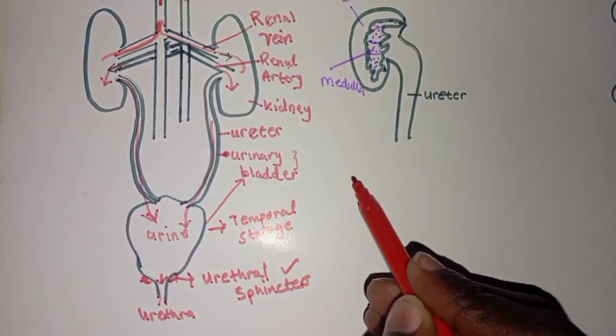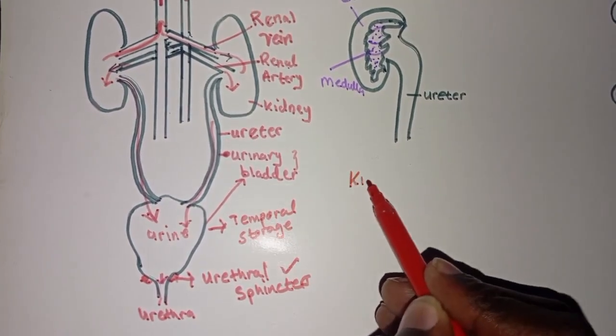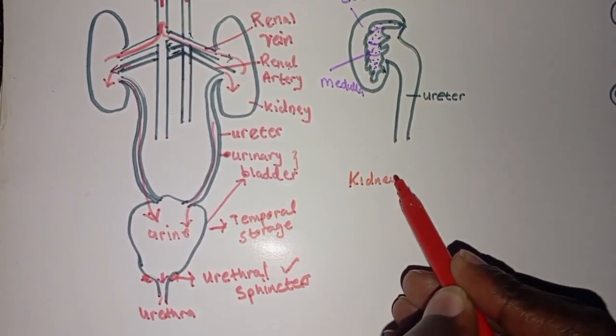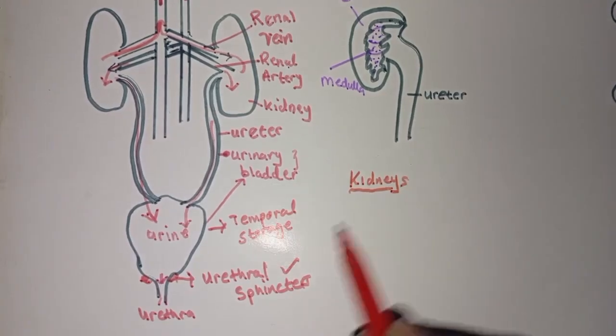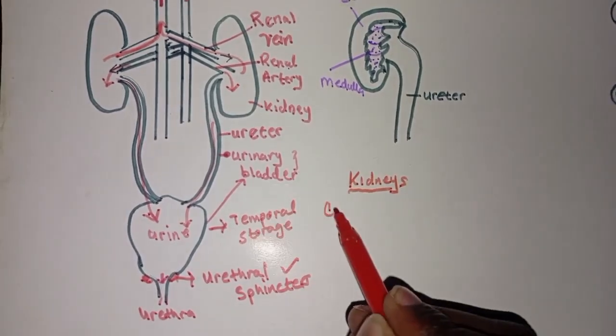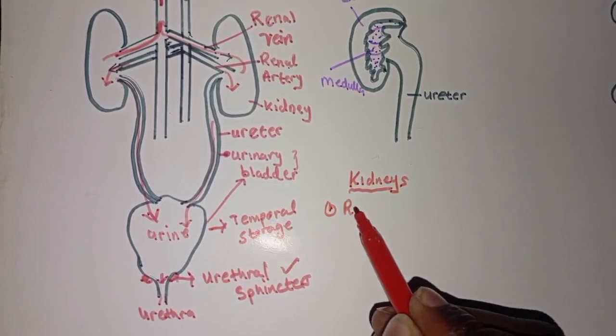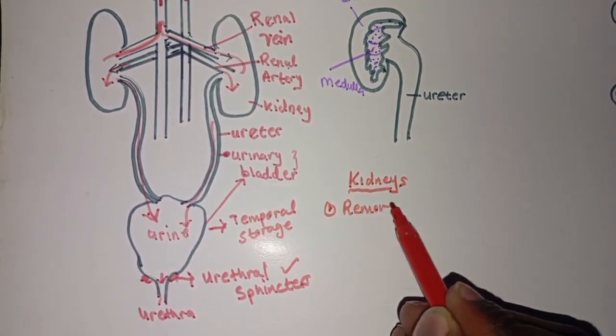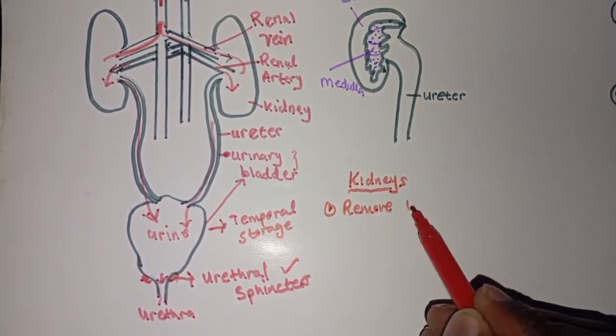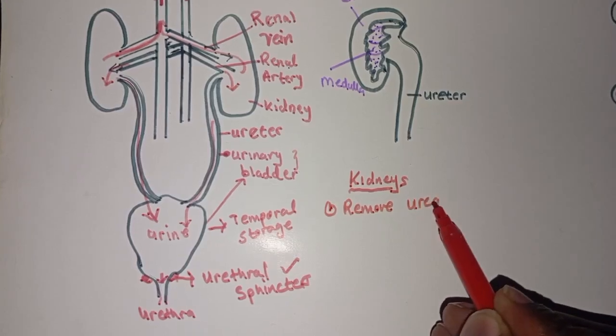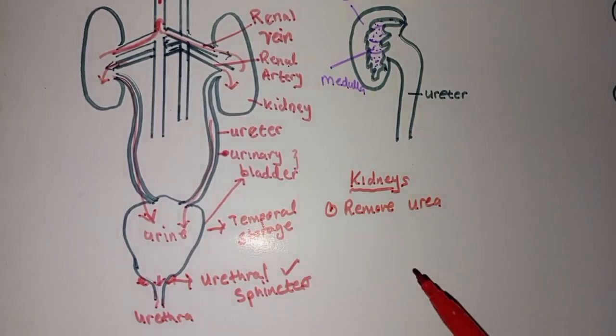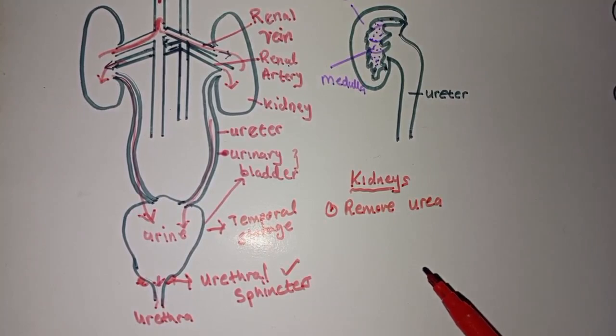So we've talked about the kidney. What is now the main function that it does? The kidneys' main function is to remove urea, and we're going to explain where that urea comes from.